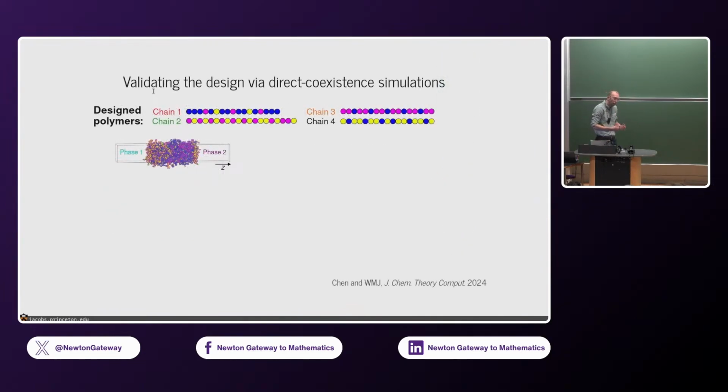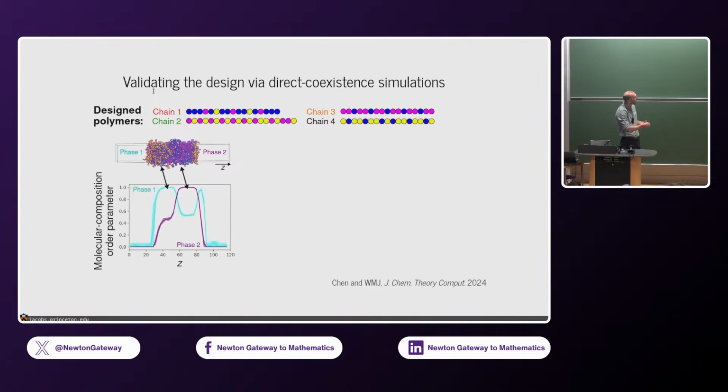Now we can turn to molecular dynamics simulations and see whether our designed phases are indeed immiscible. Again, this is non-trivial because in the design problem, some of the chains are supposed to be partitioning strongly into distinct phases, but the phases shouldn't mix. And the chains also are sharing a limited number of monomer types.